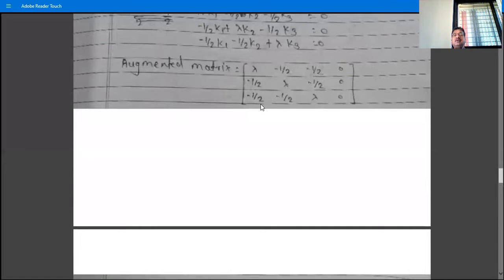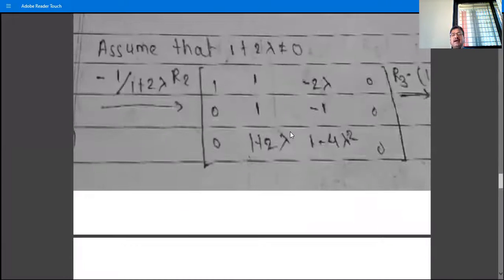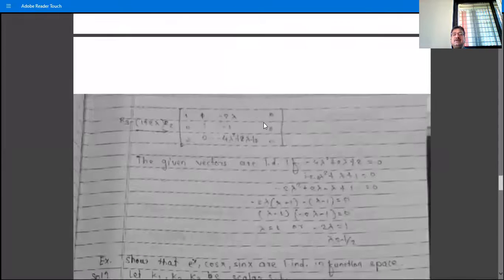That is, the rank of A and rank of AB is equal to 2 or 1. So we observe that the rank of A is equal to 3 if this quantity is not equal to 0. But if this quantity is equal to 0, then the rank of A becomes 2, and it is strictly less than the number of unknowns, that is 3.